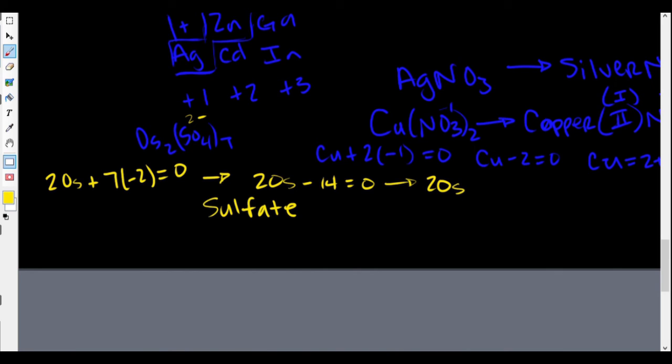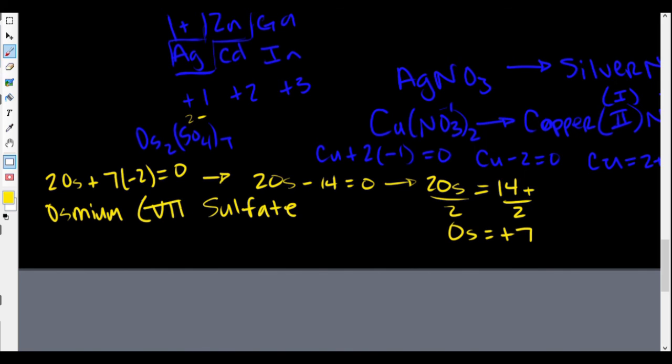I'm doing it step by step just to clarify. Divide by 2, Os equals +7. So we would name this osmium VII, osmium 7 sulfate. Alright guys, well I hope that helps.